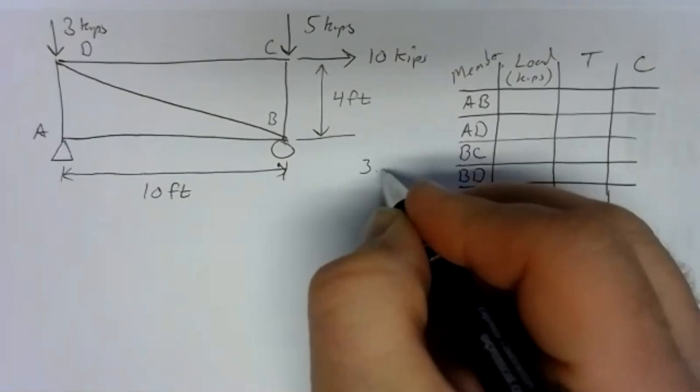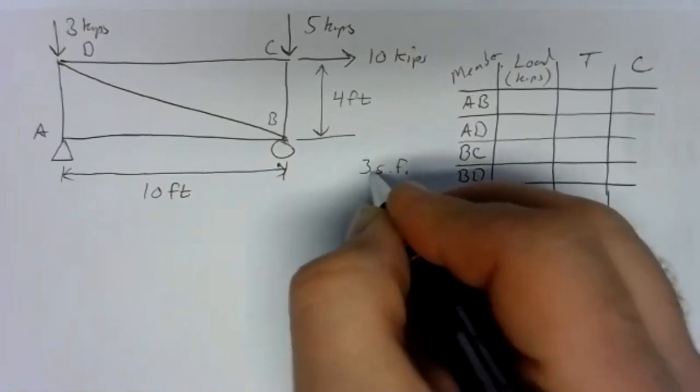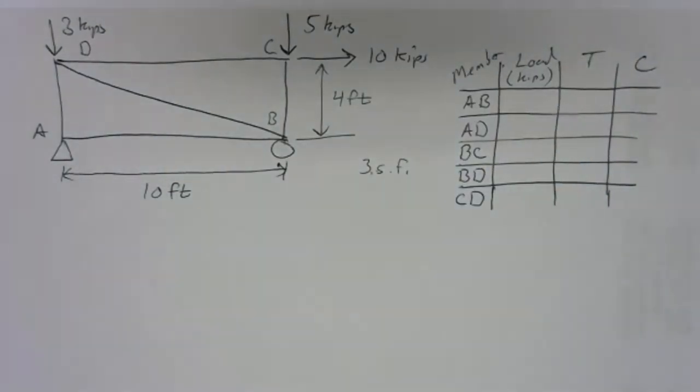So 3 sig figs for our final answers. So take a few minutes and work out the external problem, and we'll do a check on that, and then we'll step through as another example how to do the method of joints on this problem.